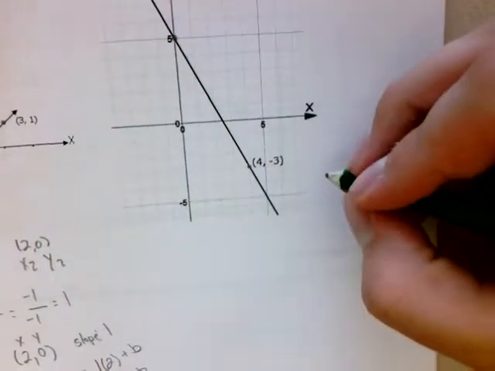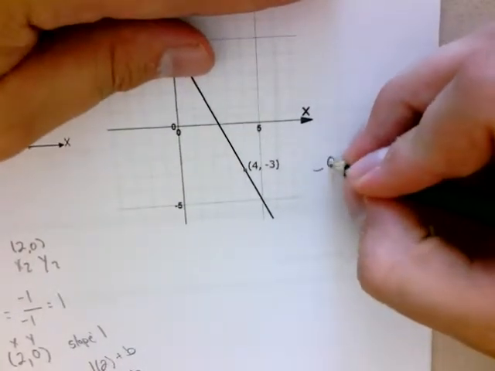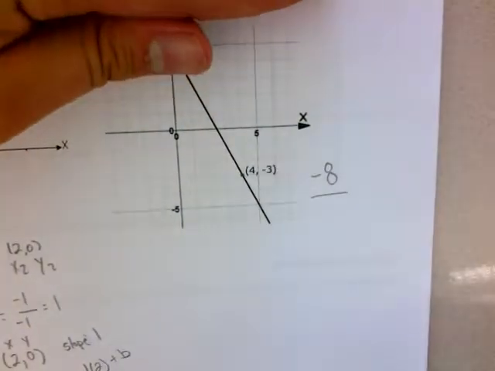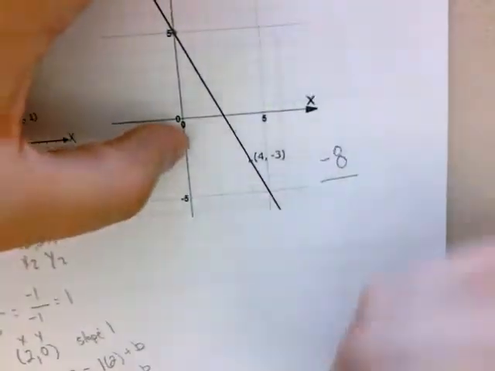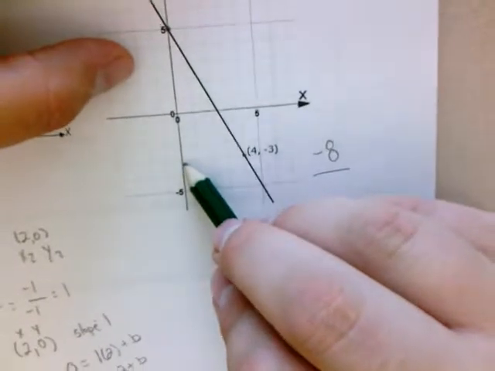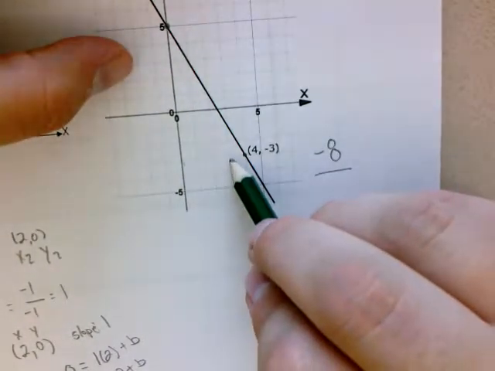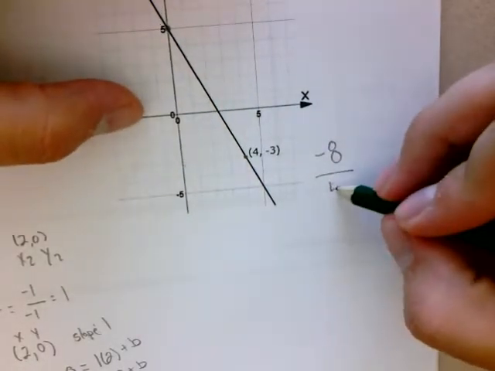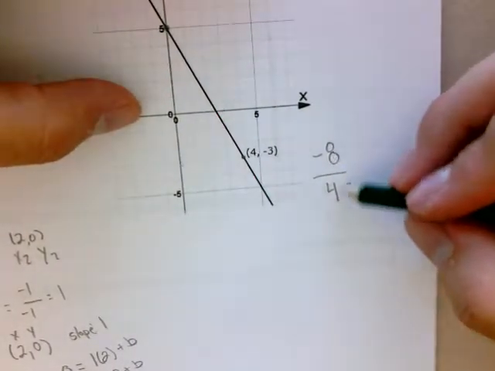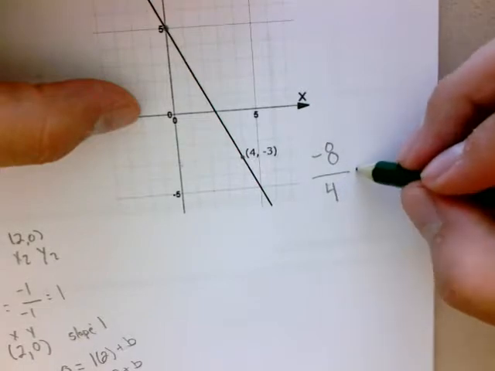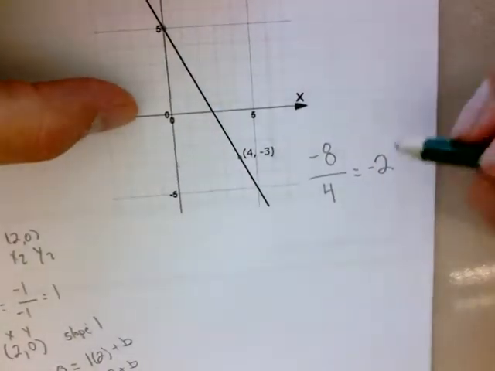So we went down 8. So our slope is negative 8 over something. Let's see how far over we go. Okay, we go over 1, 2, 3, 4. So we went over 4. Okay, down 8 over 4. So negative 8 over 4, which is negative 2. Okay, that's our slope.